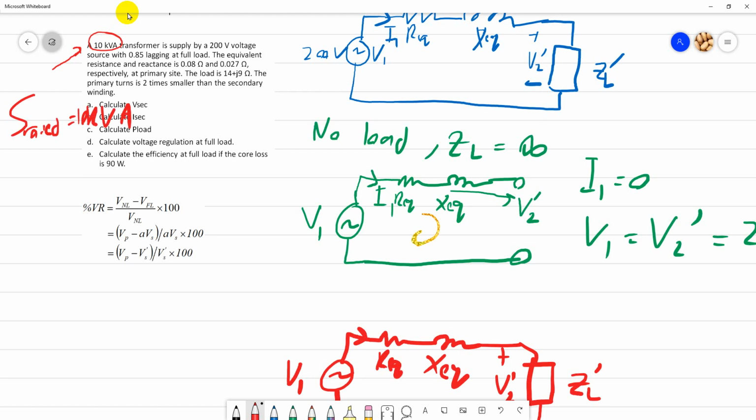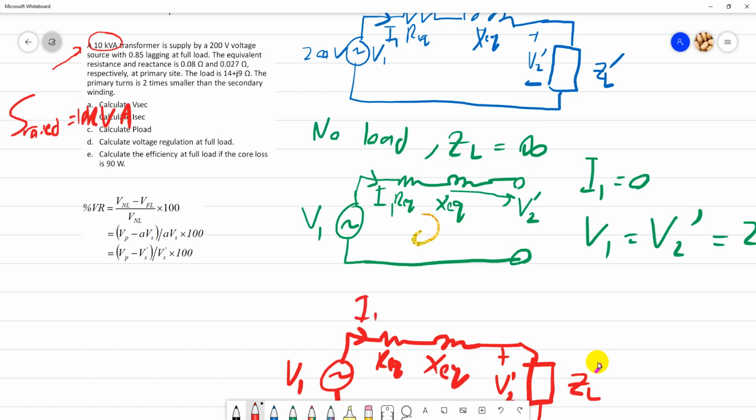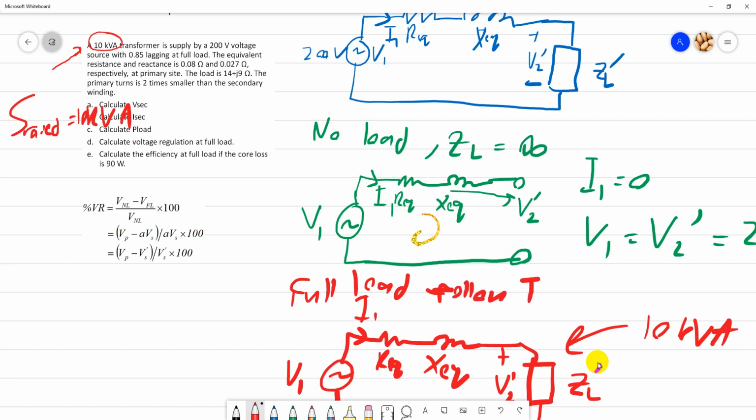From S rated, and then you have the power factor. Just calculate the current first. So I1 at full load means that this thing uses 10 kVA. That is what full load means: following the transformer rated capacity.